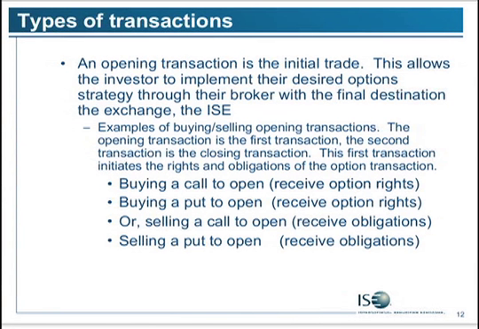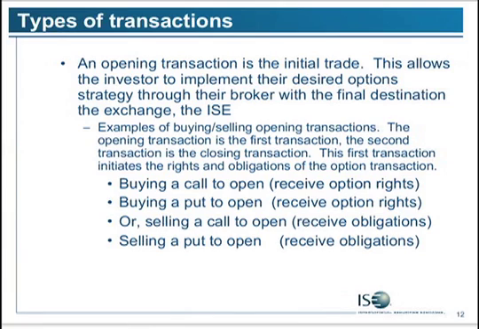An opening transaction is the initial trade. So if you buy an option, you're opening, and if you buy a call, you have rights. You buy a put, you have rights to sell, but you have rights. Or if you sell a call opening, you receive obligations. You sell a put, you receive obligations. If you want to close out your transaction, you do the reverse of your initial transaction.